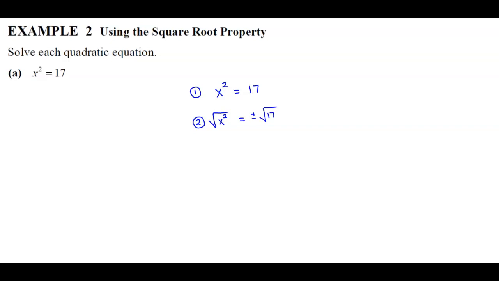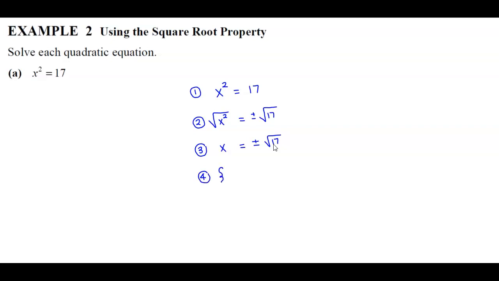Okay, so now what we want to do is find out, what do I need to square to get x squared? Well, we know that that's going to give us x. Over here, we have the answer plus or minus the square root of 17. So now we have our two solutions. Now recall, there's two ways to write this.